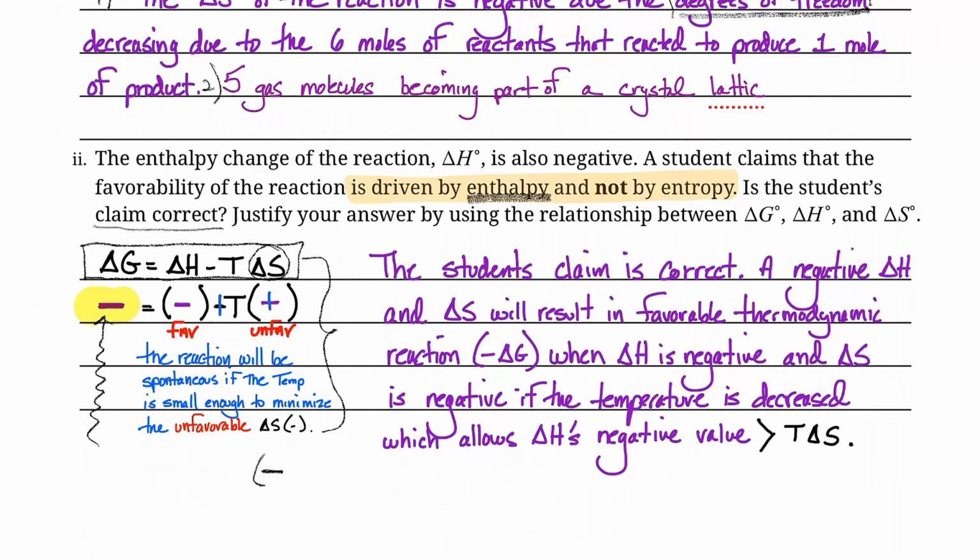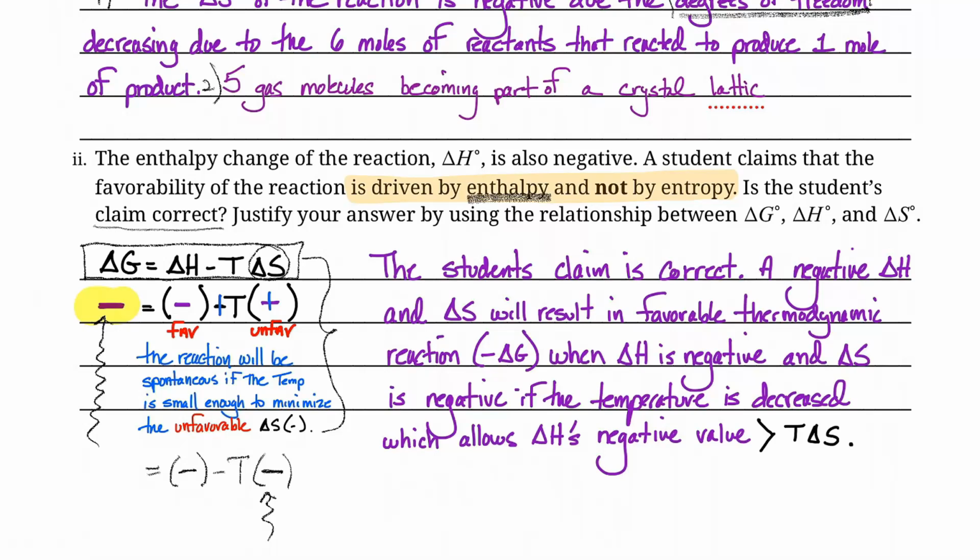Originally there's a T and there's a minus, and they told us it was exothermic, so the delta H is negative. Again, there's two parts to whether a reaction is thermodynamically favorable. There's two conditions that we have to consider, and the first is the entropy of the system. Are the molecules spreading out, or are they getting more concentrated?